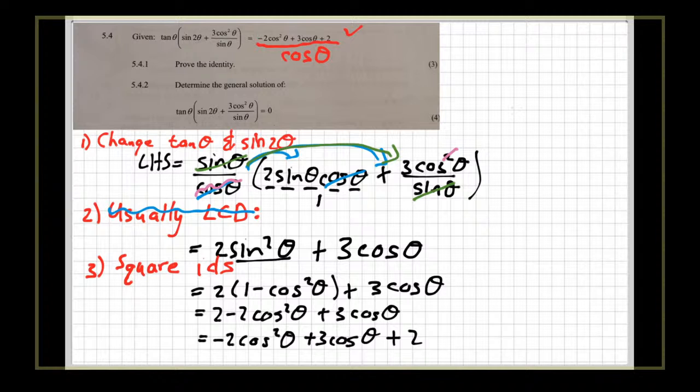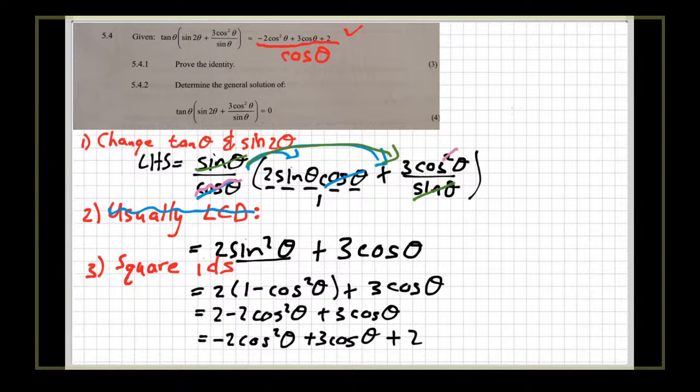Let's have a look at 5.4.2. Both IEB and GDE love questions like 5.4.2, where you've got to first of all prove something, then secondly they ask you hence or determine the general solution.